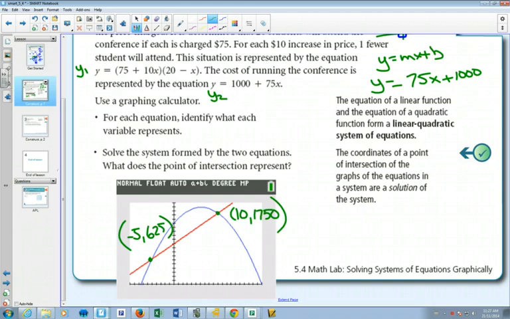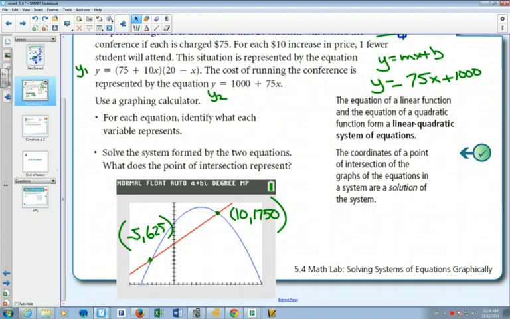All right. So what do these points mean? Yes, KB. What do these points mean? These points mean that if it was -5 for x, what does that mean for our original function?